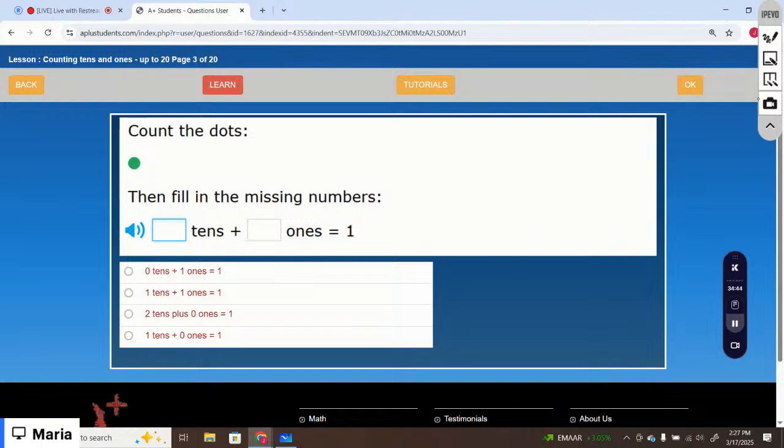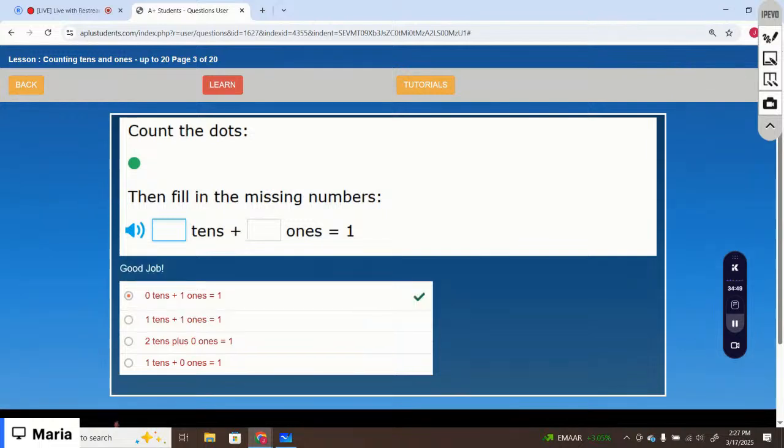Zero tens and one one. Option number one is the correct option.